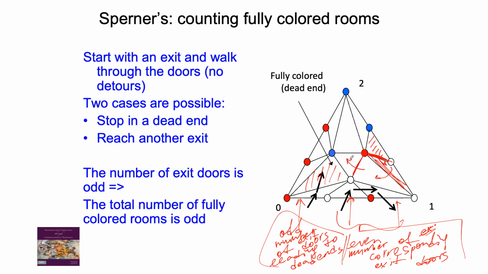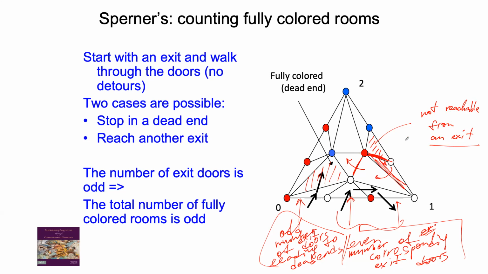I can go out. Since this is not reachable from an exit, by passing through door to door, from room to room, what do I have? At some point, I cannot reach an exit.